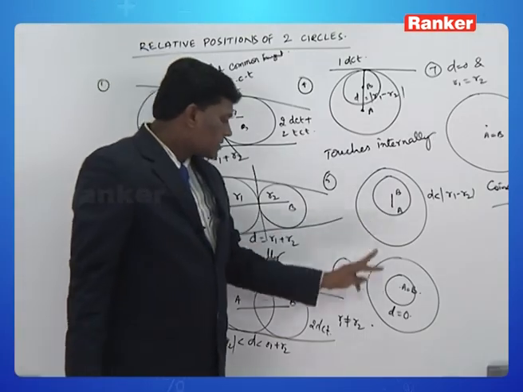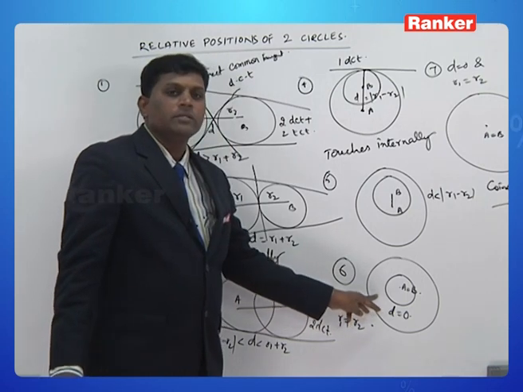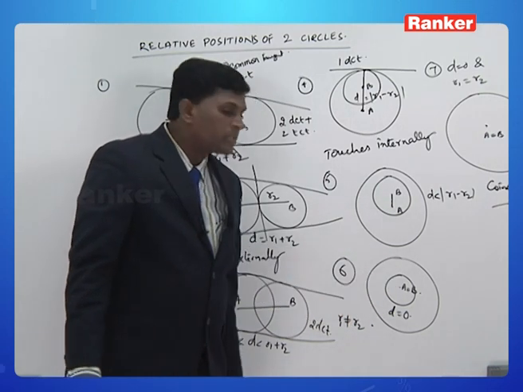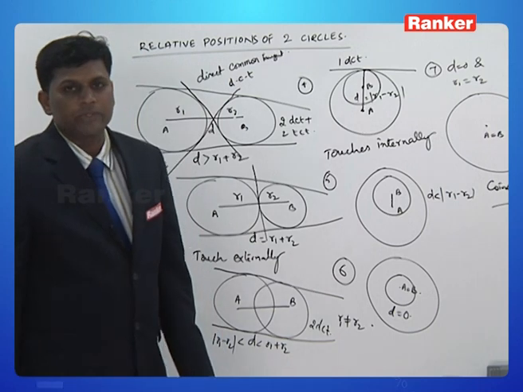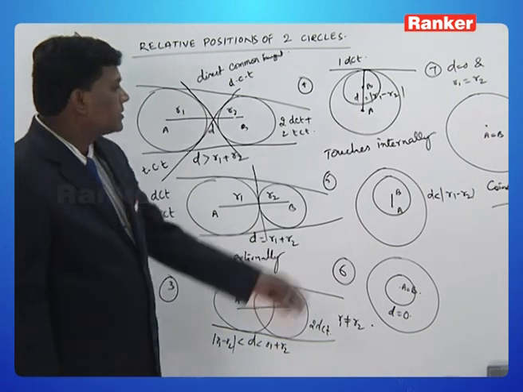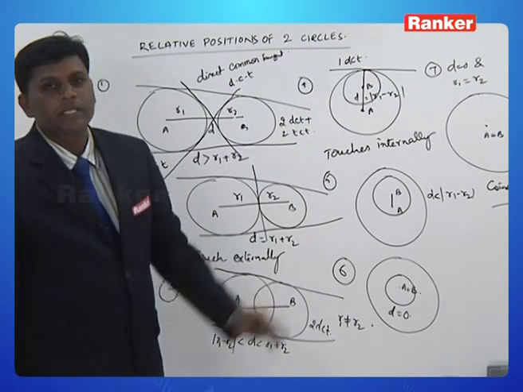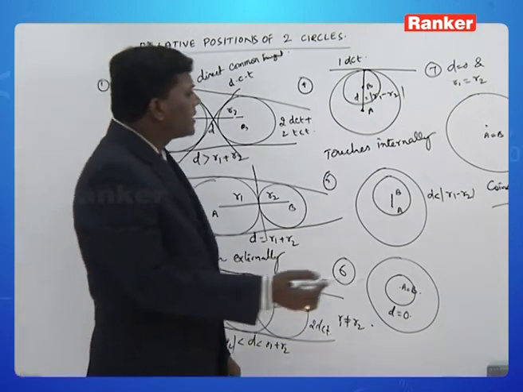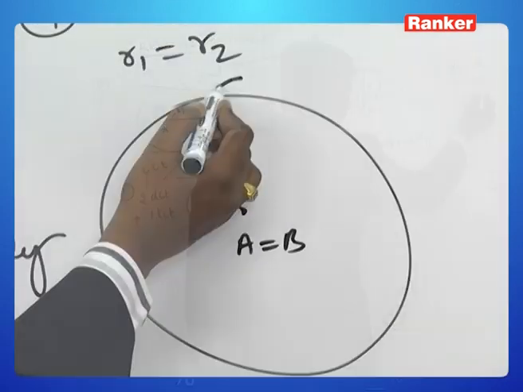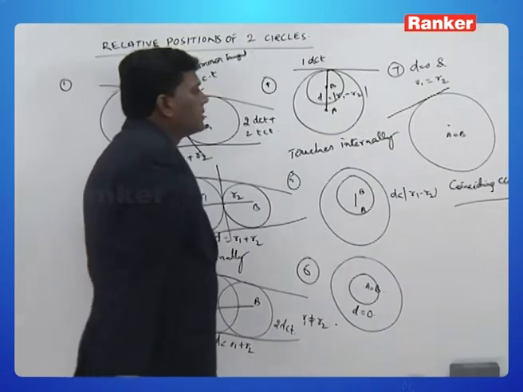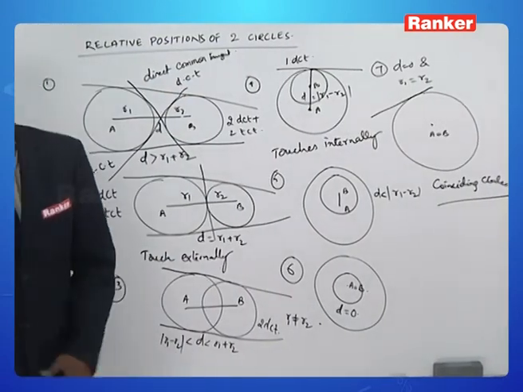In this case, as we can see comfortably, we cannot draw any common tangents to the circle, because the last case is the coinciding case. Any tangent you draw anywhere becomes a direct common tangent to both the circles.